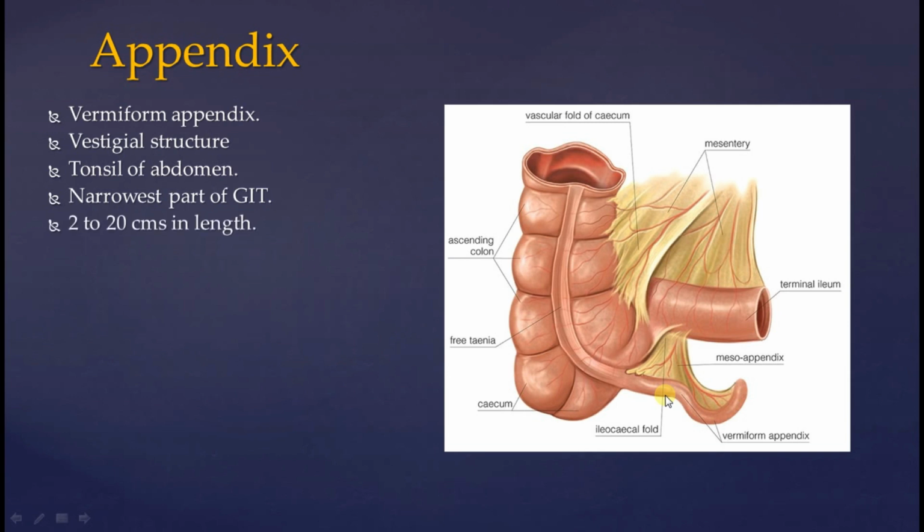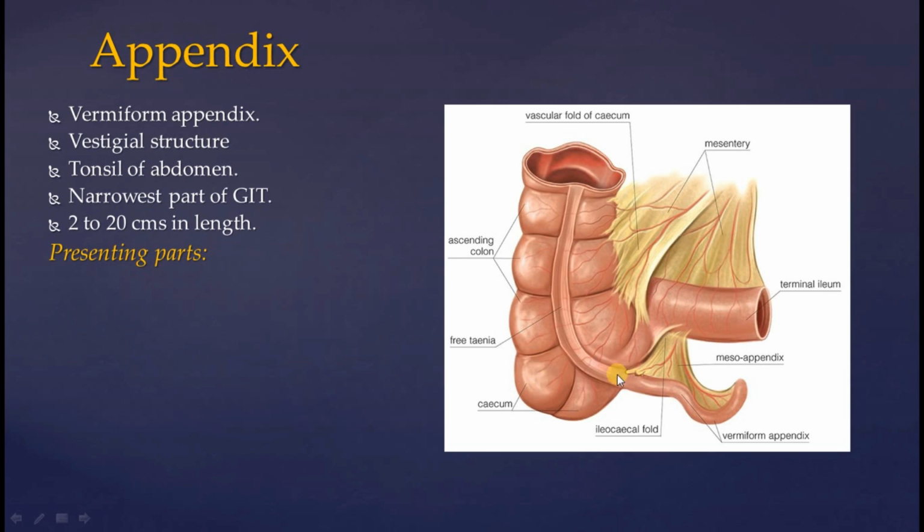The average length is around 9 centimeters; 20 centimeters is a very extreme length. If it is retrocecal and a very long appendix, sometimes you can locate it even near the right colic flexure, high above, below the liver.